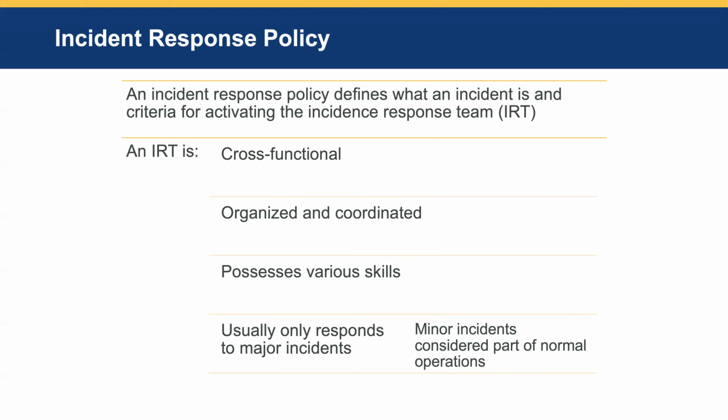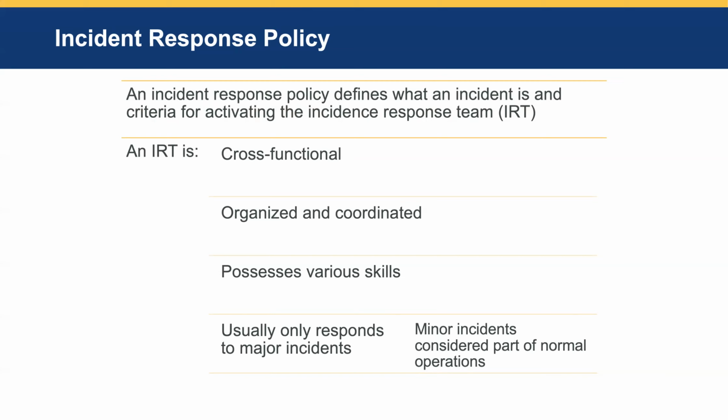An incident response team is also organized and coordinated. Organization is going to be key in having appropriate policies in place and having appropriate team members assigned to react if an incident occurs that violates one of those policies.